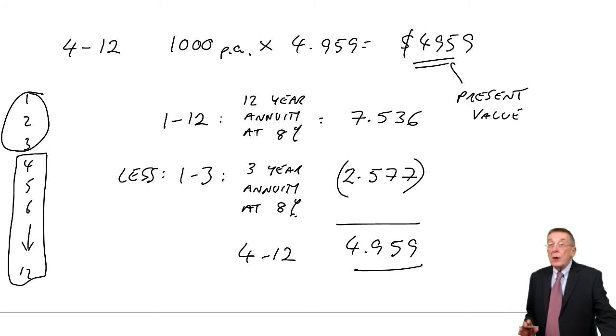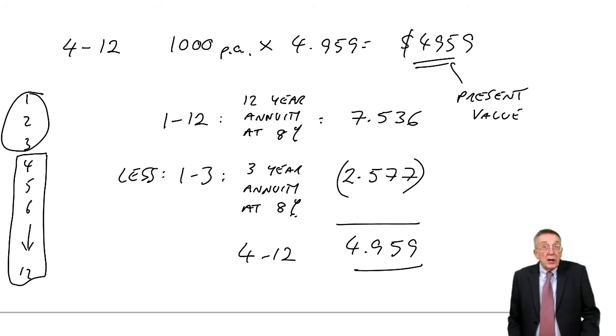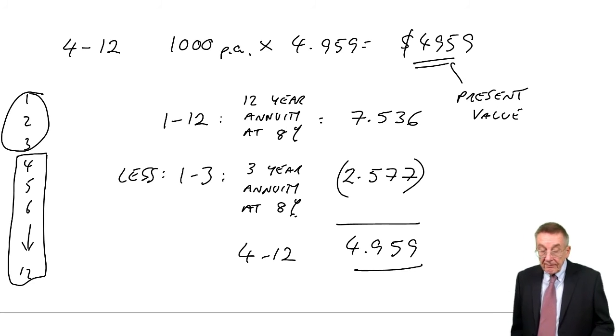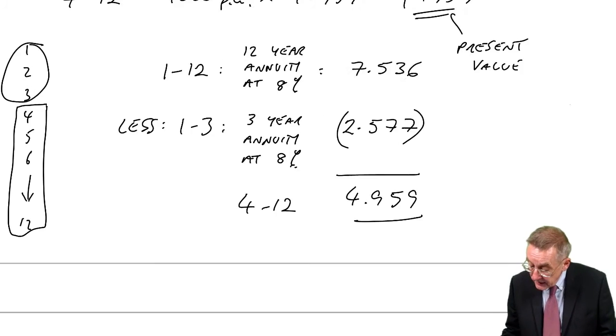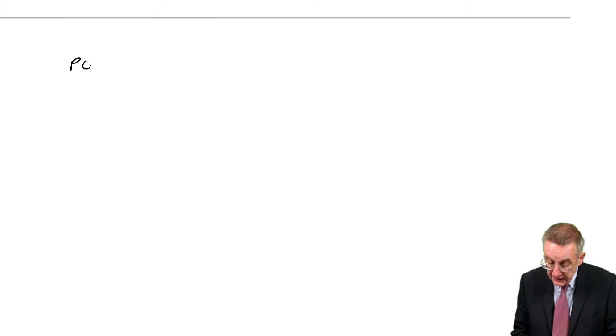Okay, just one more bit of arithmetic to consider, and then we've got it all. And that's something called a perpetuity. And what a perpetuity is, it's on the next page.